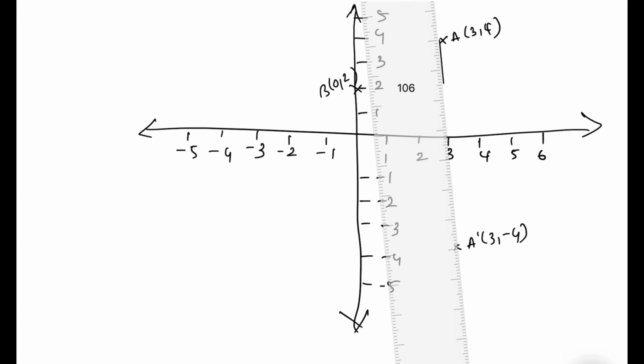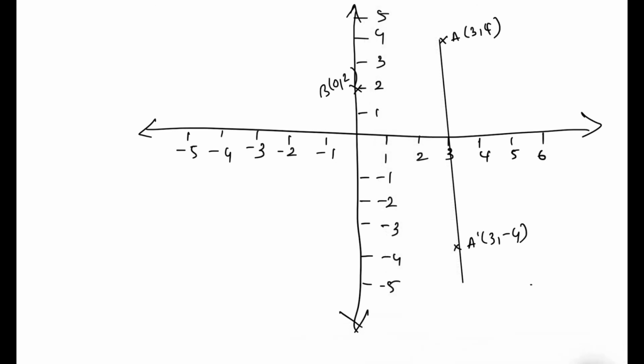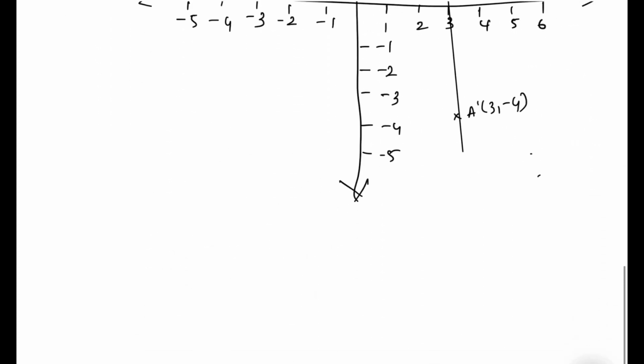Okay, the graph is not proper. So when I draw a line through A dash, B dash is reflected on that line. What do we get here? How many points? 1, 2. So again this side 1, 2. So your point will be here somewhere, right? So B dash will be 2, 5. So you get the value of B dash as 2, 5.